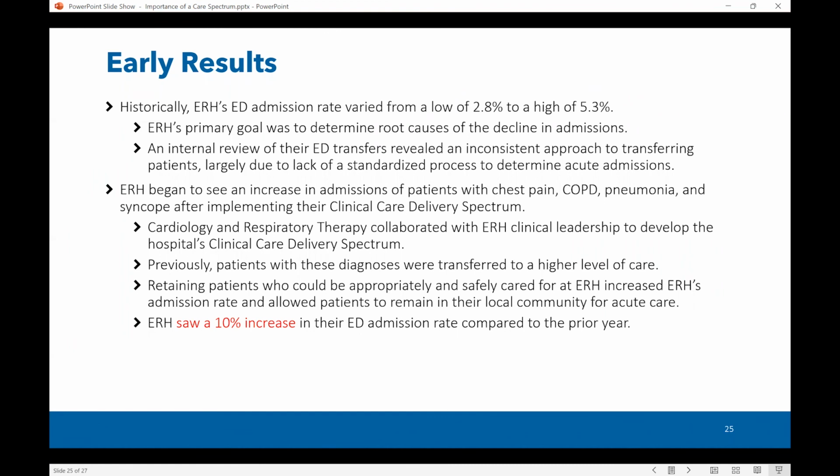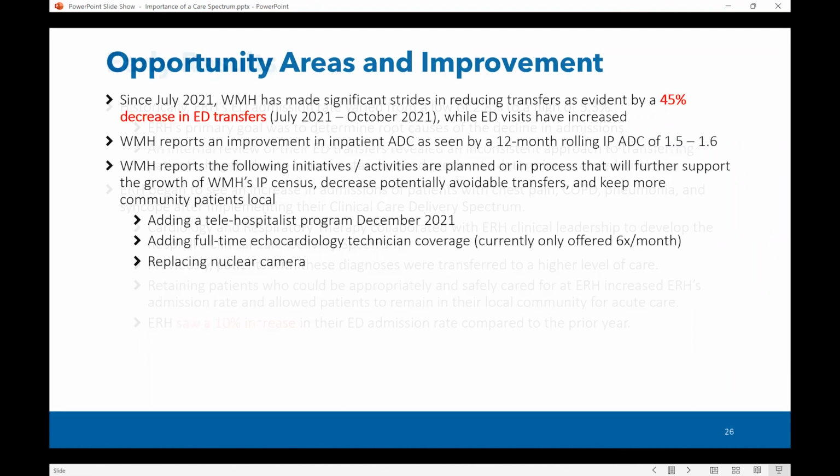All of those patients previously had been transferred to the higher level of care, so they were able to retain patients. And they saw a 10% increase in their ED admission rate compared to the prior year. So that was really good for them.